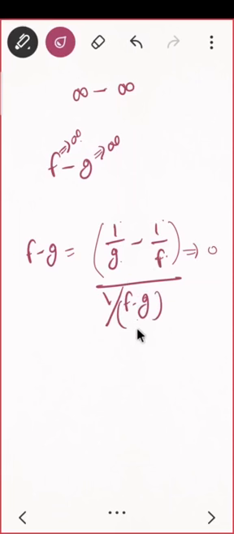And as f goes to infinity and g goes to infinity, what can you say about 1 upon f into g? That will go to 0 definitely, correct? So now do you see that I can write f minus g in terms of this 0 by 0 form. So I can handle this now using L'Hopital rule.